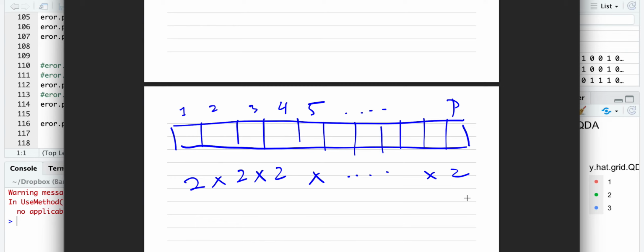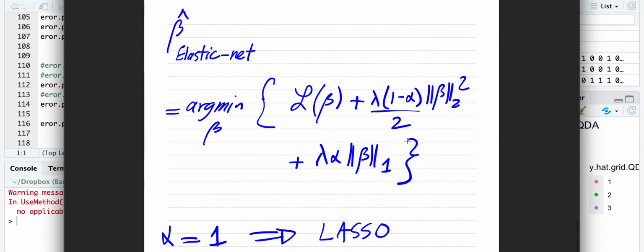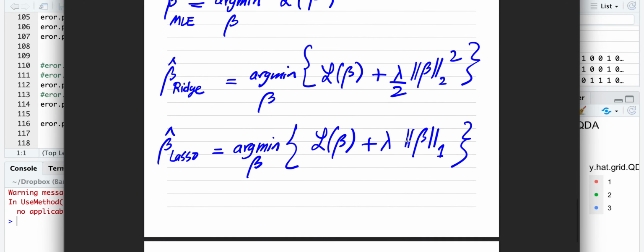Yeah, too complex to search the whole space. That's why we use something like lasso, because it just solves an optimization problem instead of searching over an exponentially large family of models.